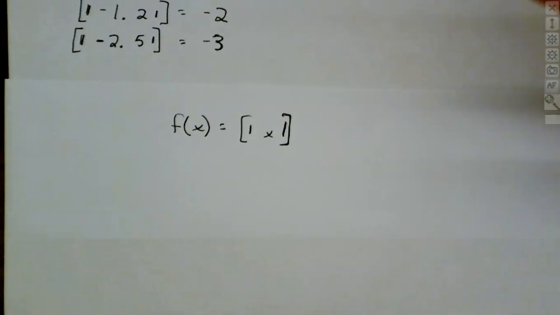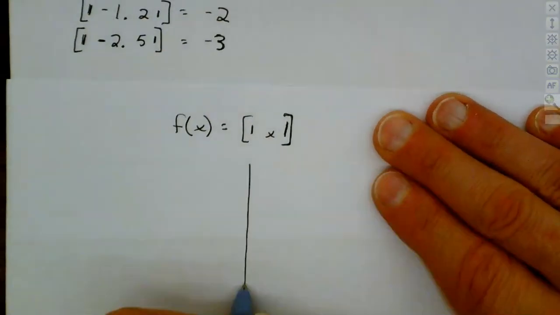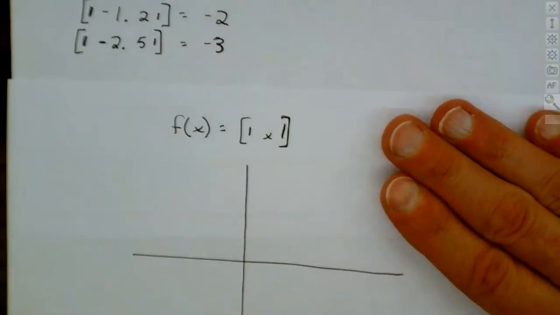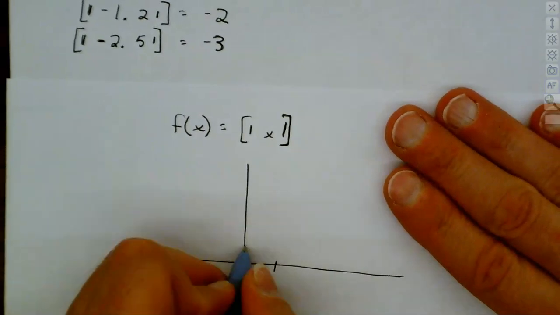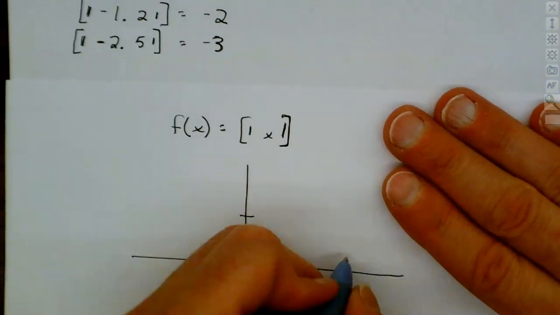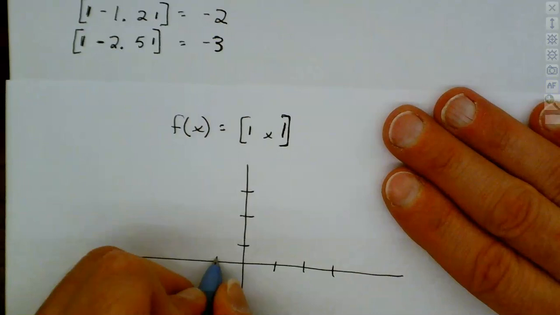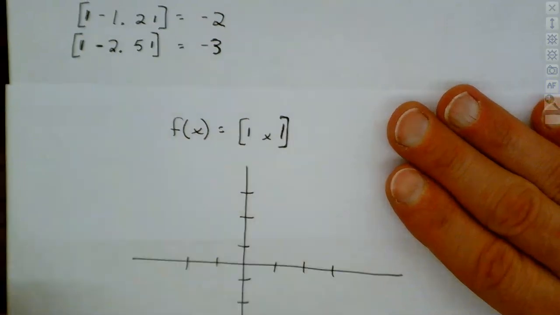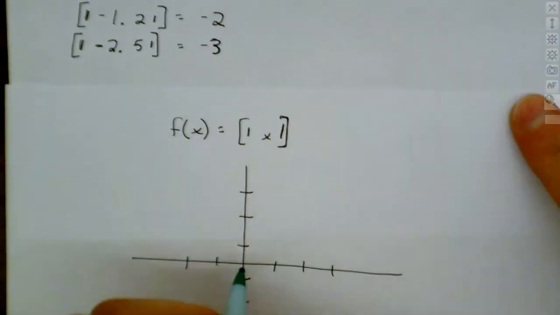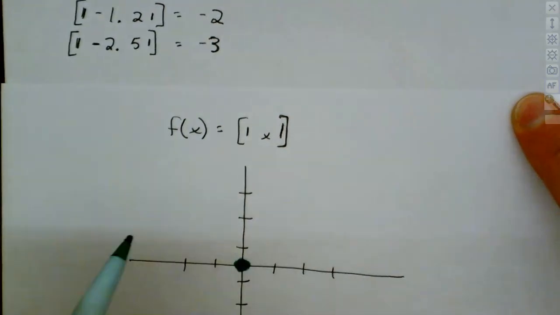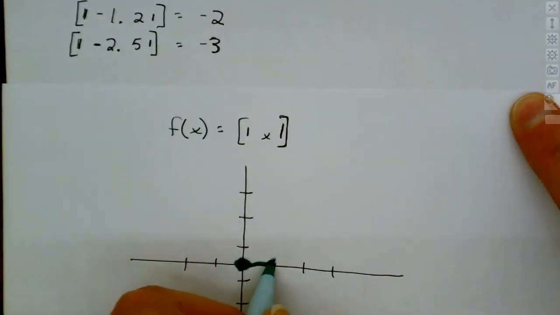This one's a little bit tricky. I'm going to draw us up a picture here, because you need to make sure you know about the open and the closed circles.